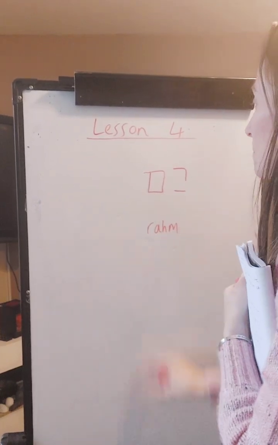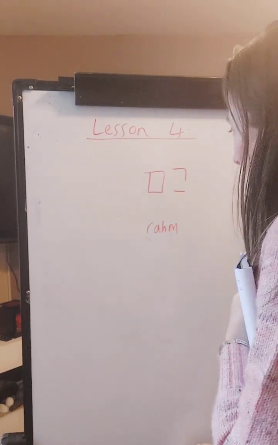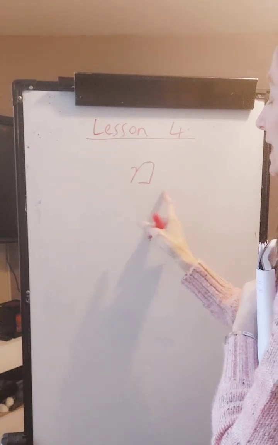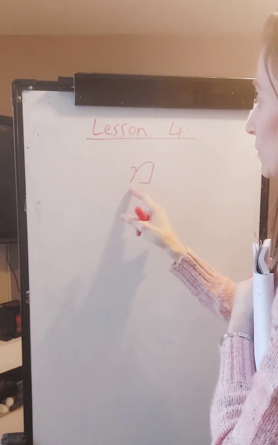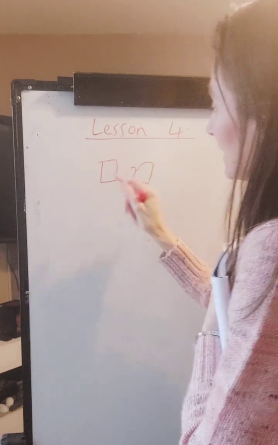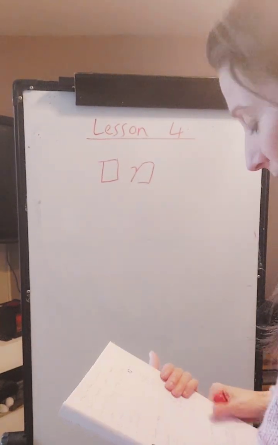That's why it's important to learn both the mems. But the main mem is this one. And that could be found anywhere in a word, but it wouldn't be at the end of a word. Because if you need that sound at the end of a word, it would have the final form, which is the square one.